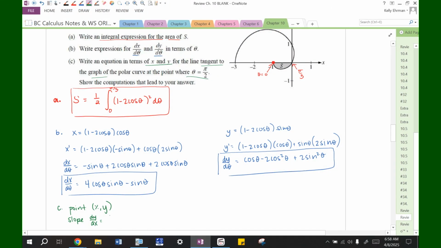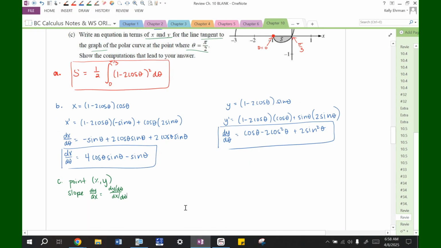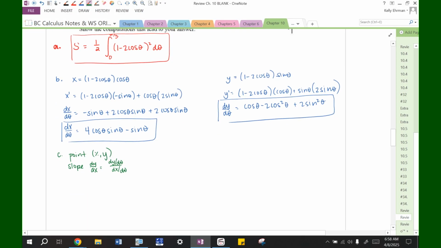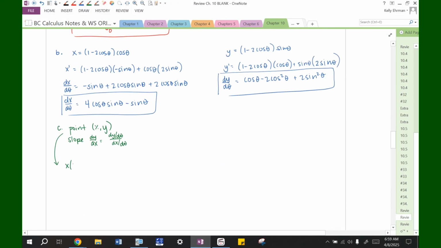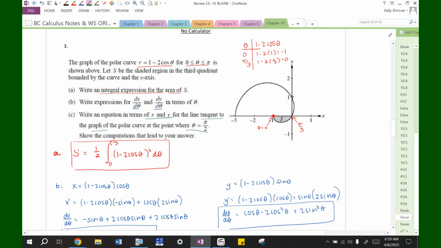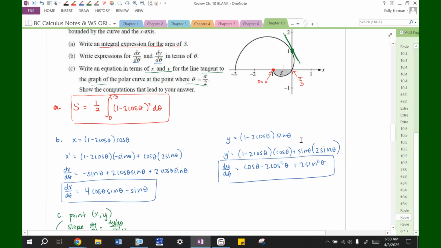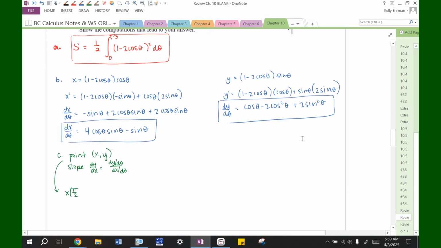And remember that dy dx is dy d theta over dx d theta, which is why they had us do part B. So let's start with the point, x of pi over 2. You can get a visual here. We're trying to write a tangent line equation for that point right there.